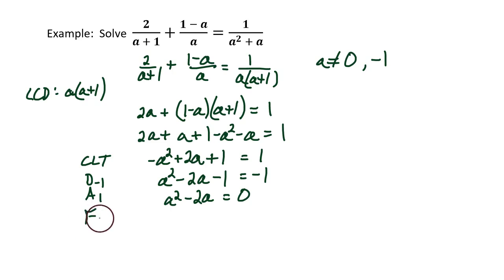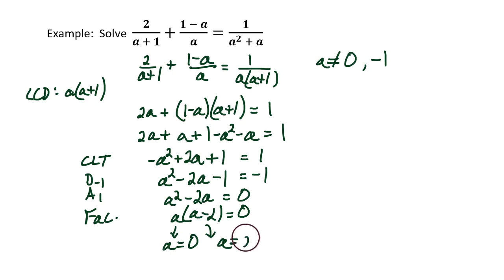Next step, factor. A times a minus 2 is equal to 0. From the first factor, we get a equals 0, and from the second factor, we get a equals 2. Are any of these restricted answers? Cross it out. So the number that actually solves the equation is a equals 2.